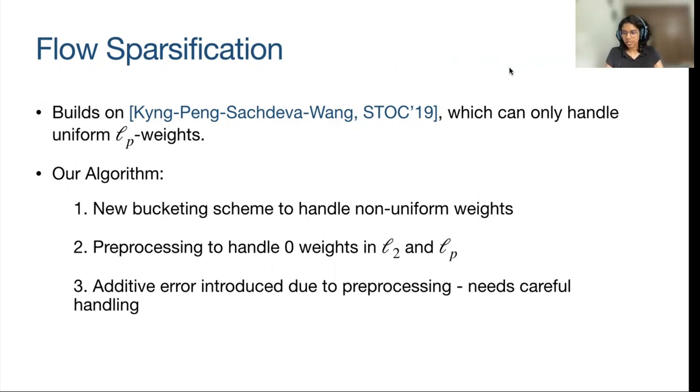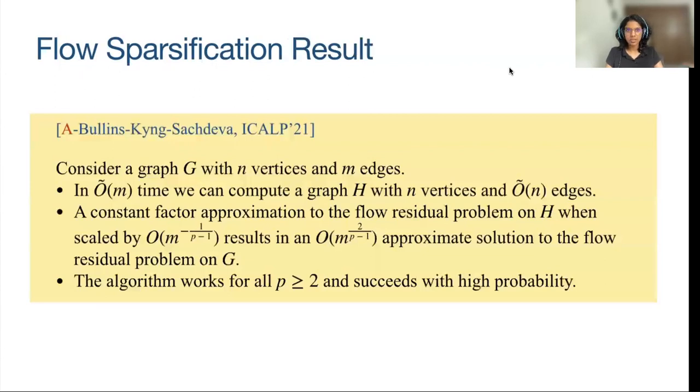So by doing this, we're able to show that if you're given an original graph with n vertices and m edges, in almost linear time, we can compute a new graph with very few edges and a constant factor approximation to the smooth P norm flow problem in this graph. This new graph gives an m to the little o of 1 approximate solution to the original. This is m to the little o of 1 because we're considering P to be at least a constant.